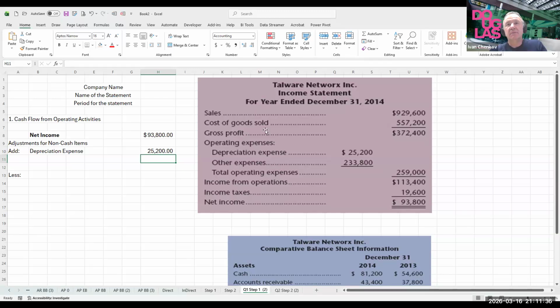Is there any items which affect my net income in the positive way, which I have to eliminate? Now, cost of goods sold, that's related to sales. And cost of goods sold, those are paid cash because those are expenses which I have to pay. So for that reason, cost of goods sold, that's a cash item.